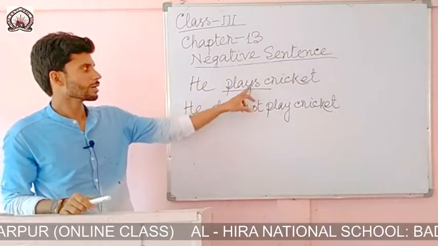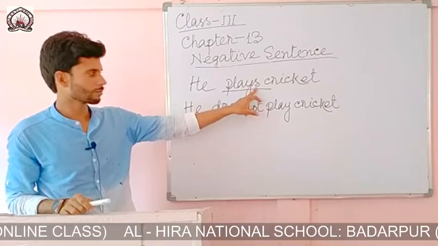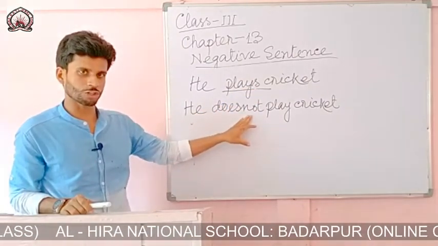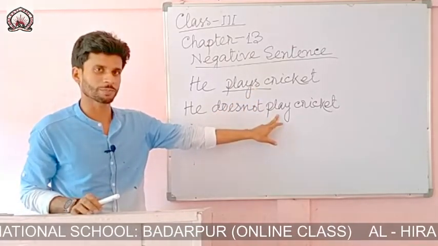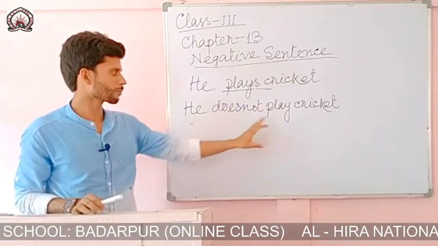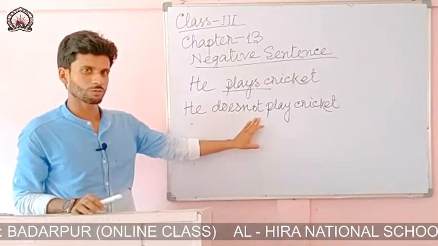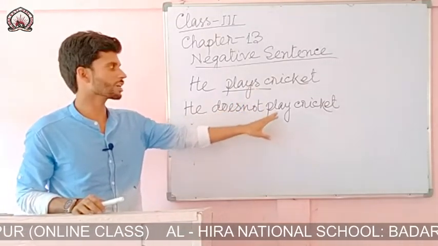Here you see it was plays, but since I have written does not, now I cannot write plays. Now I shall write play. Very important thing. After writing does not, we cannot write plays. We have to write play, the main one.